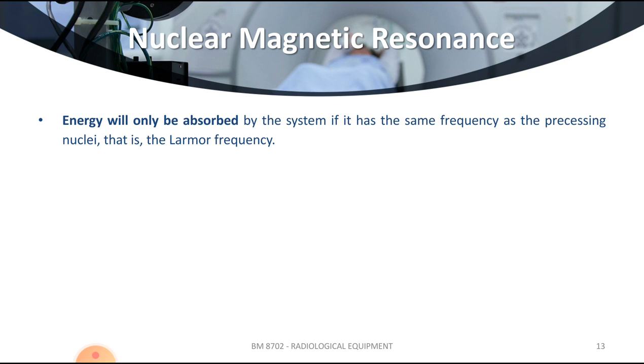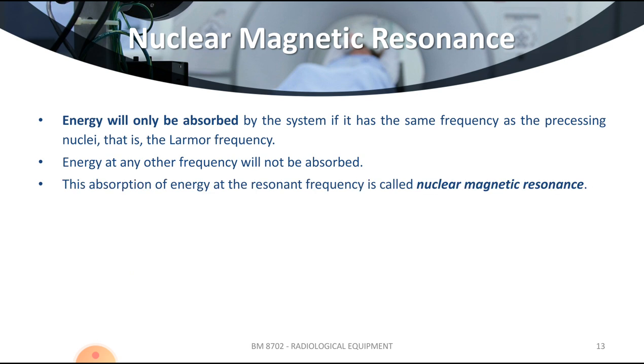When that energy is absorbed at the frequency which is the same as the Larmor frequency, that causes nuclear magnetic resonance. When you don't have the Larmor frequency, then the energy won't be absorbed. That resonant frequency where the nucleus is precessing at its Larmor frequency is called nuclear magnetic resonance.